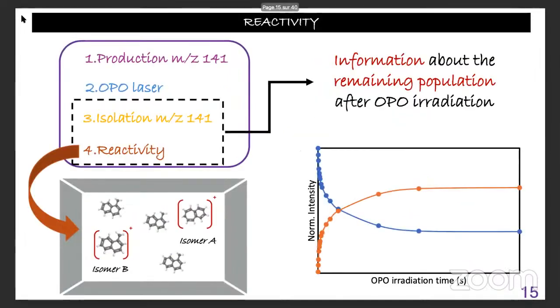To do so, we performed this other experiment. Again, we produce our -H cation and irradiate it for a given time, but now we isolate the remaining population after irradiation, and we admit the neutral precursor into the cell to investigate how these remaining cations interact with the neutral molecules.